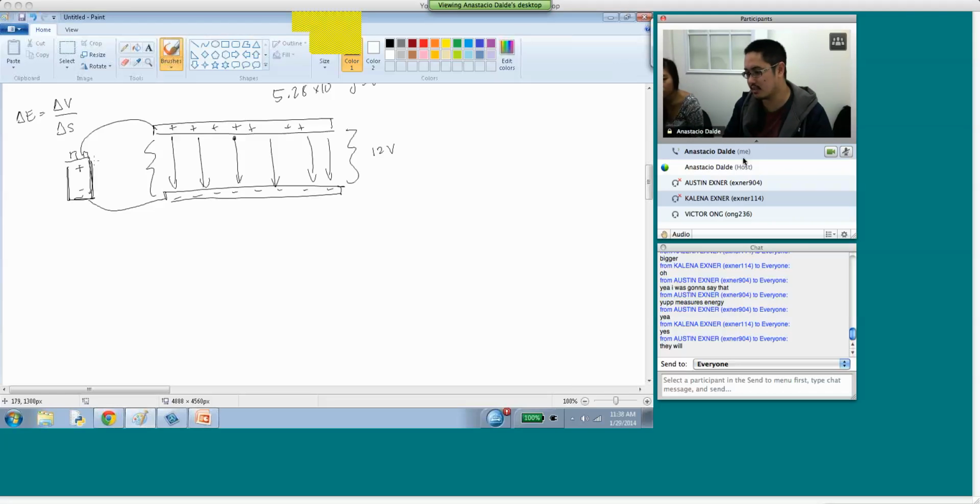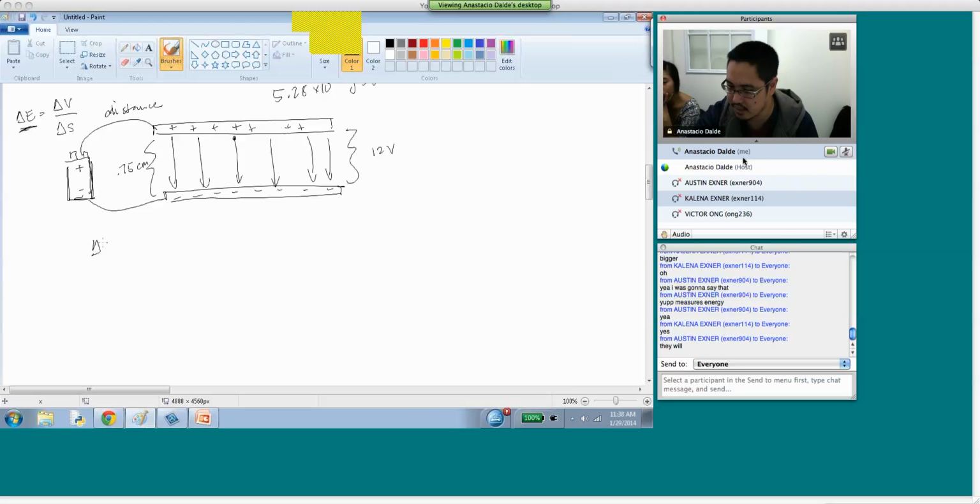And I put an S because I don't want to put a D because there's too many things that are labeled D. So distance. If I want to figure out the electric field, you have to tell me how far apart they're spaced. And the problem says that they are 0.75 centimeters spaced apart. So all you do is take the voltage and divide it by S.